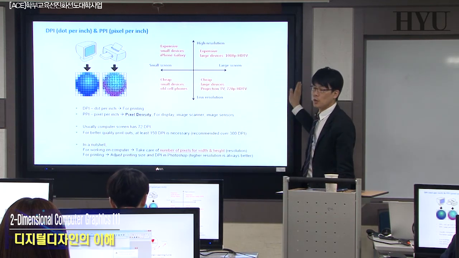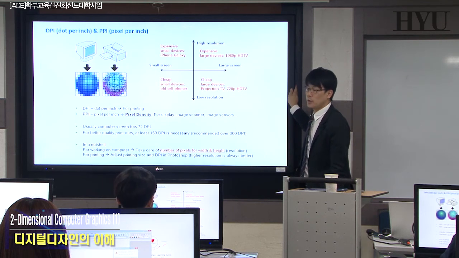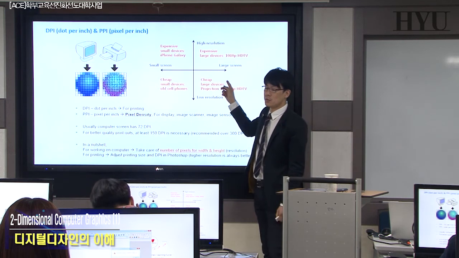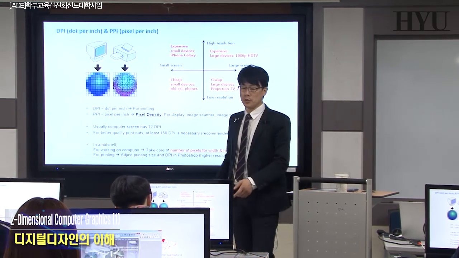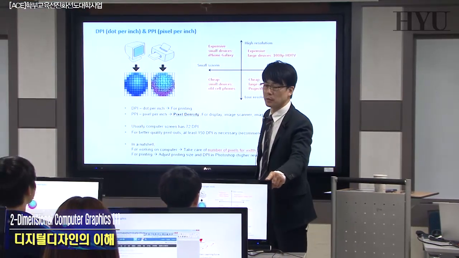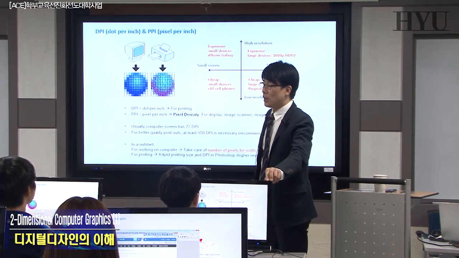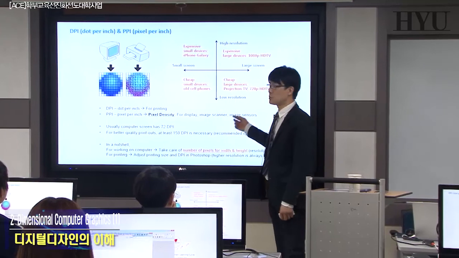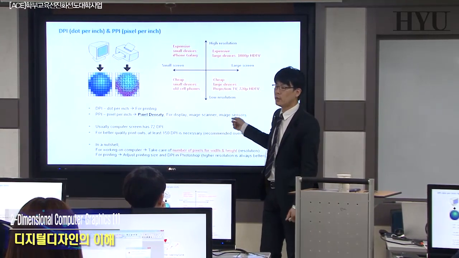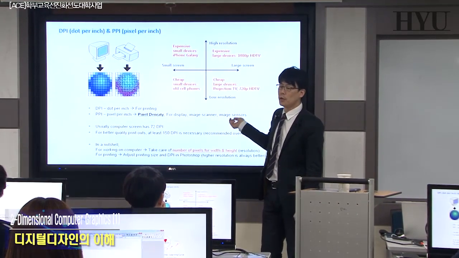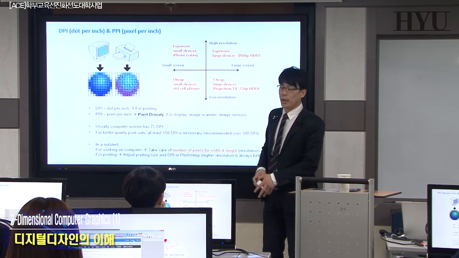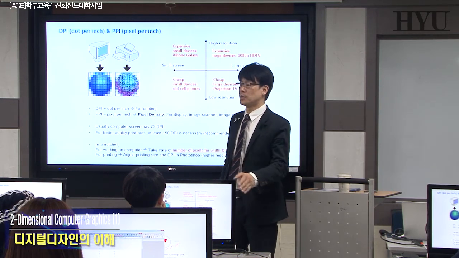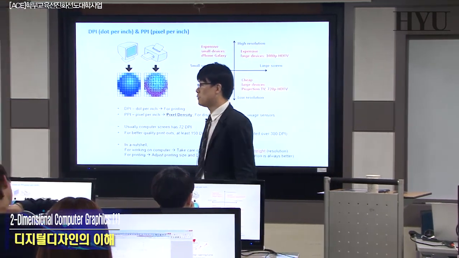For example, this one, this monitor is bigger than 80 inches. But this monitor is a 27-inch monitor. But the screen resolution is exactly the same. This one also has 1080p full HD resolution. And your monitor also has the same resolution, full HD.